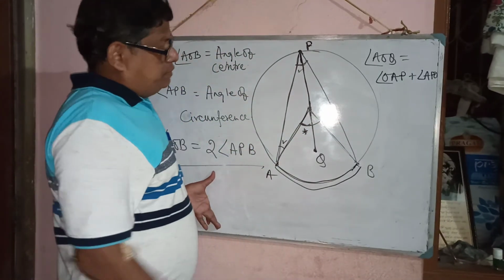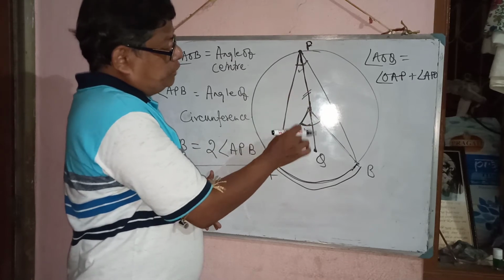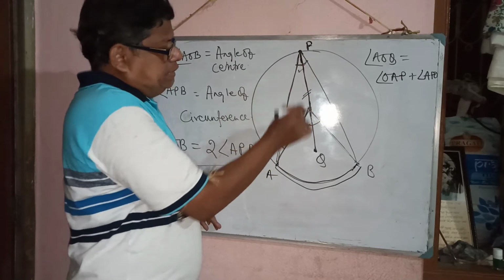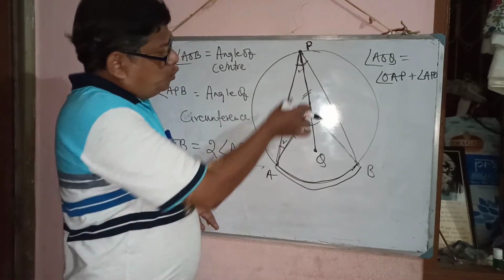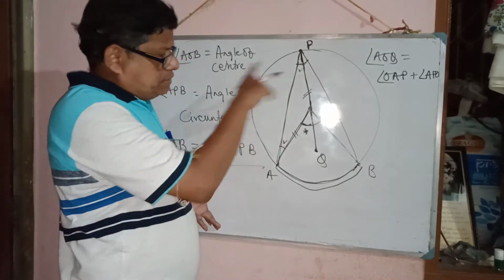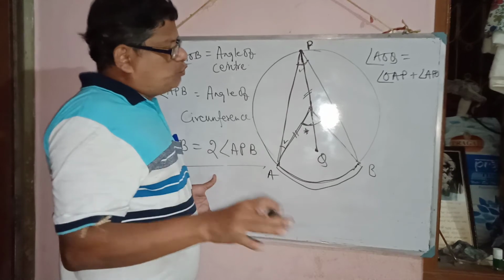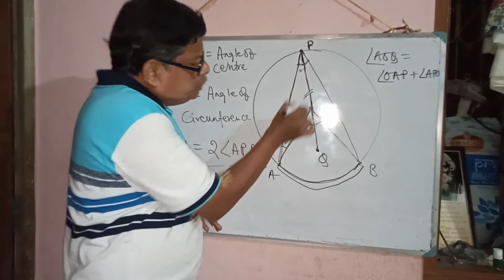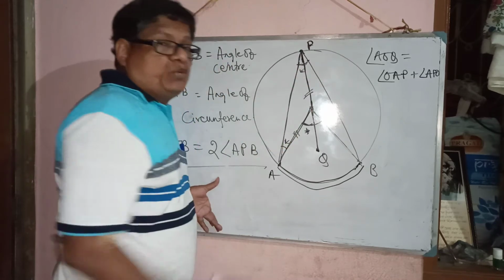Now look at this triangle APO: OP equals OA, the same radius of the circle. If these two sides are equal, then these two angles are also equal.